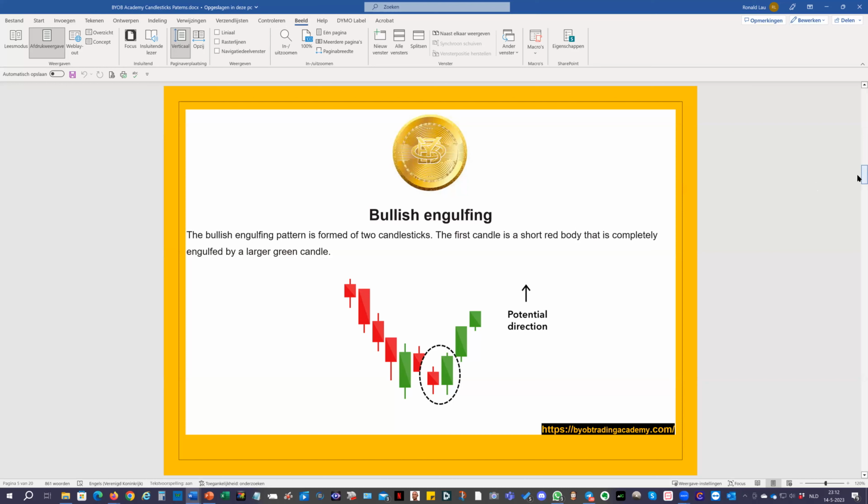And that's why it's called a bullish engulfing candle. So the red candle is completely engulfed by the larger green candle, much bigger than the red candle, as though it swallowed up the red candle. So we have the bullish engulfing.